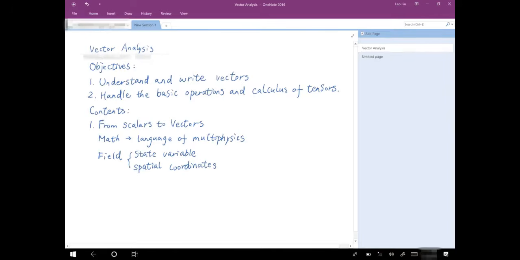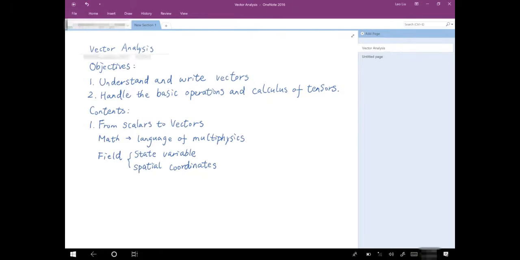The word corresponding to spatial is temporal. Temporal means time, so there will also be temporal coordinates. Spatial coordinates depend on what space you're talking about. For example, in the common Cartesian coordinate system, we're talking about x, y in 2D and x, y, z in 3D. So those are the spatial coordinates.